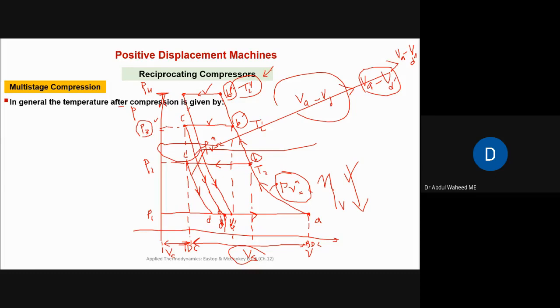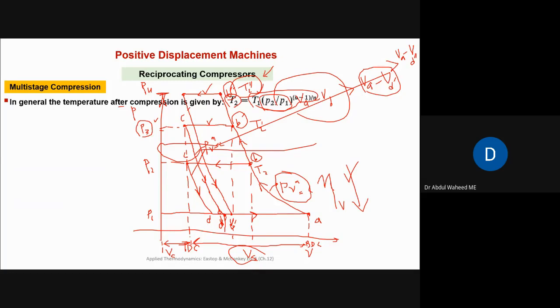So that is the second major disadvantage of using the same single stage compression for very high pressures, because we know temperature at the exit is given by this term, right? For a fixed T1, our temperature will increase with the increase in P2 by P1. So the delivery temperature will also increase.